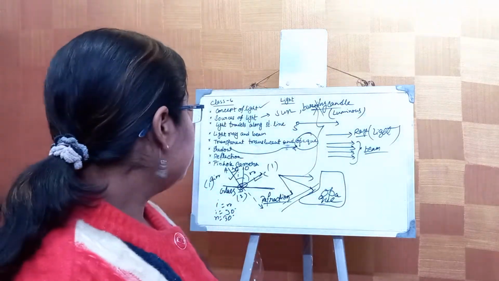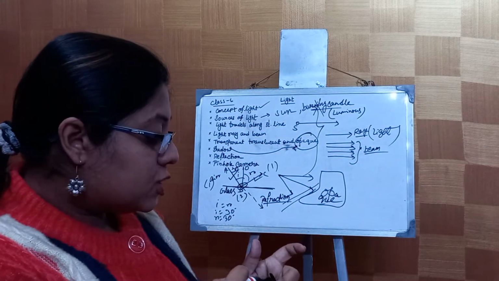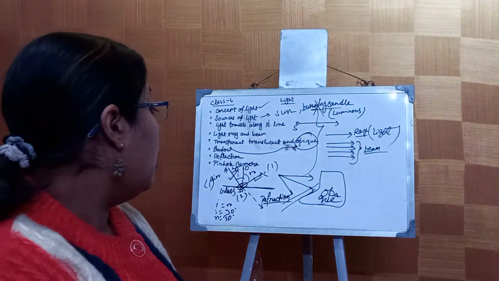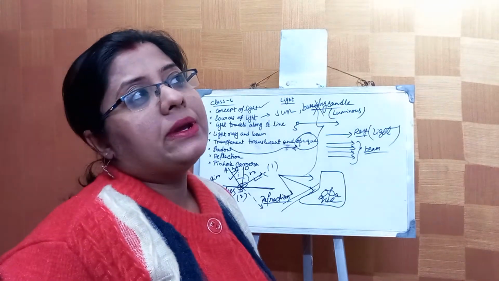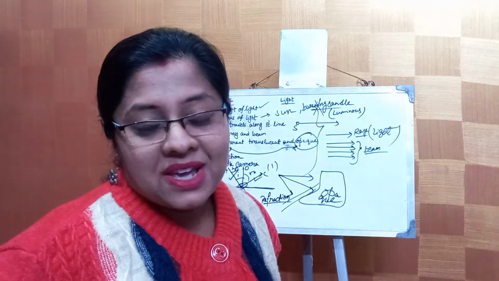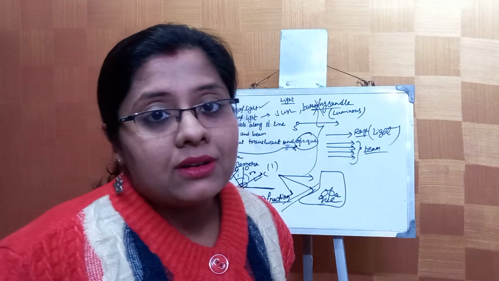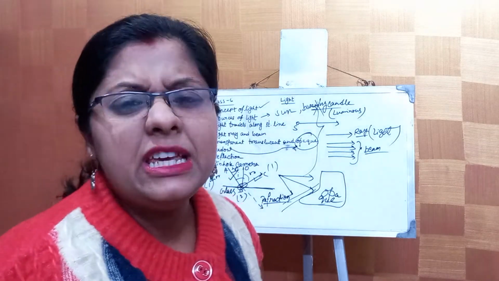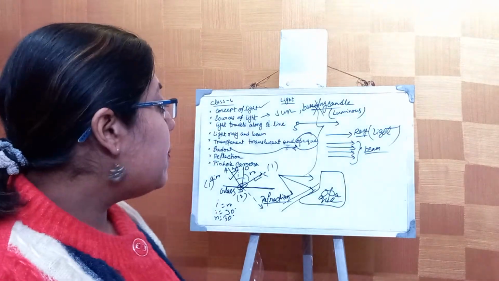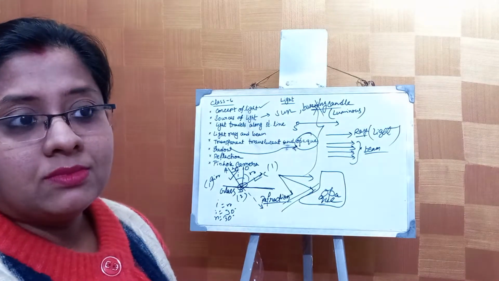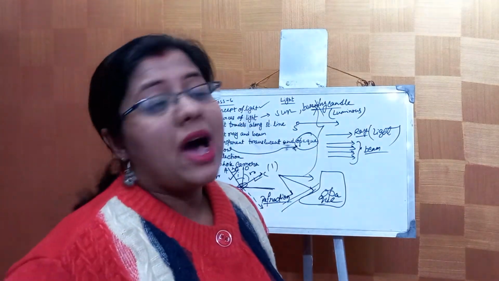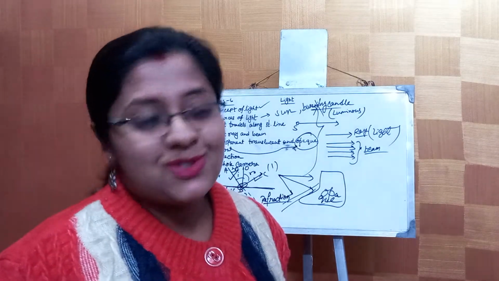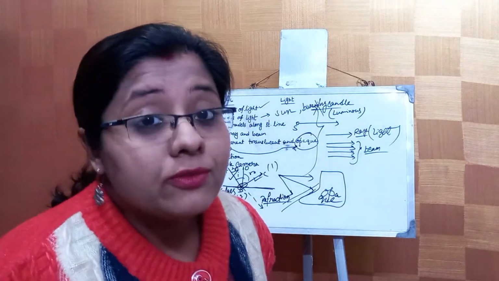Okay? The next one is pinhole camera. So in pinhole camera, what do we get? We get the inverted image of any object. So suppose you have a box which is light proof. Inside the box you have to give the dark color so that it will absorb all the light.